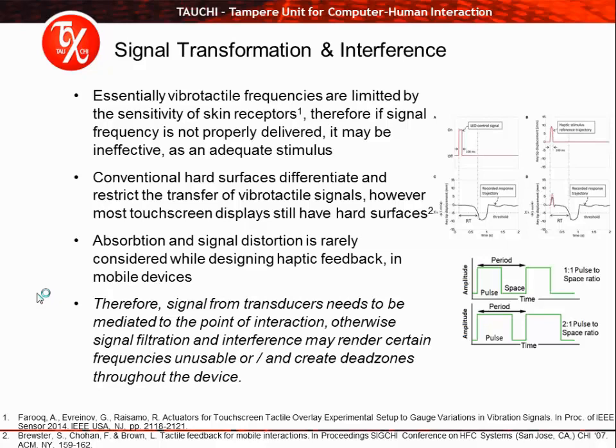And absorption and signal distortion are also rarely considered in designing haptic feedback for mobile devices. Therefore, we need to mediate the signal from the transducer to the point of contact effectively. Otherwise, signal filtration, interference, or other factors could reduce the frequency usability and create dead zones either on the back of the device or where we're interacting with the device.